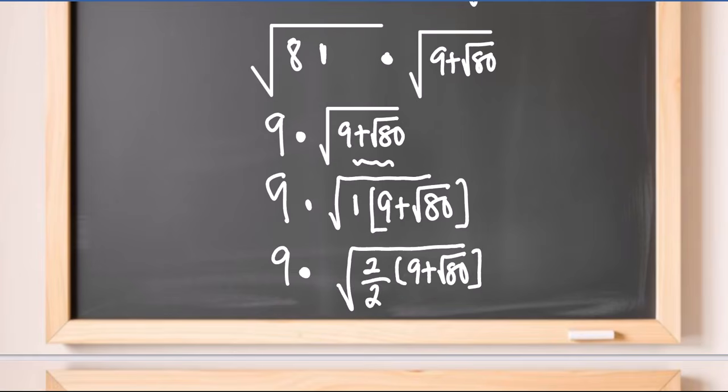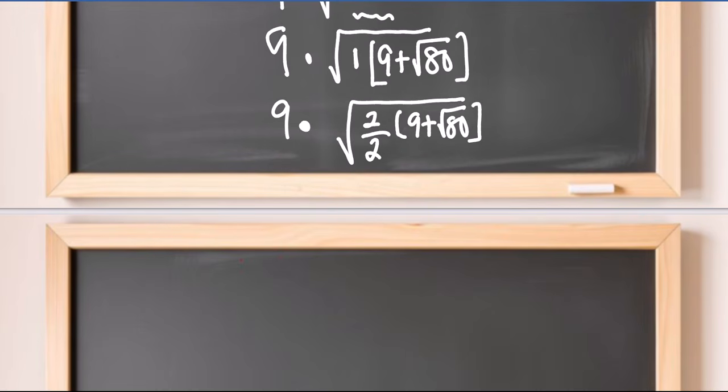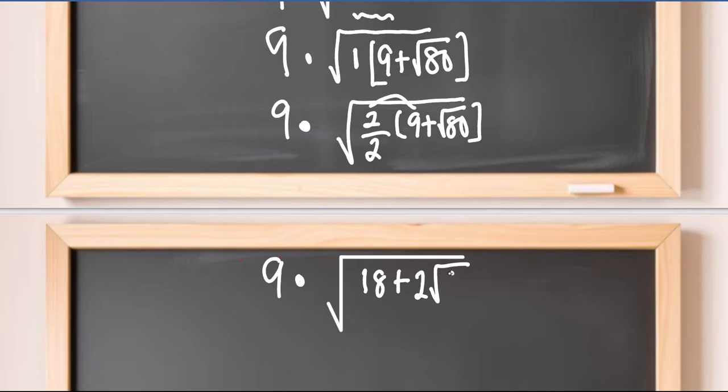So this is going to help to simplify further. So with this, I'm going to have 9 multiplied by, in my parentheses right here, 2 multiplying 9 is going to be 18 plus 2 multiplying the square root of 80, all divided by 2.